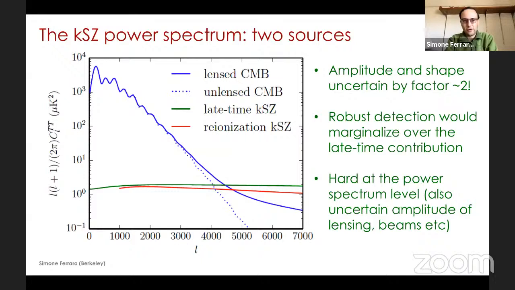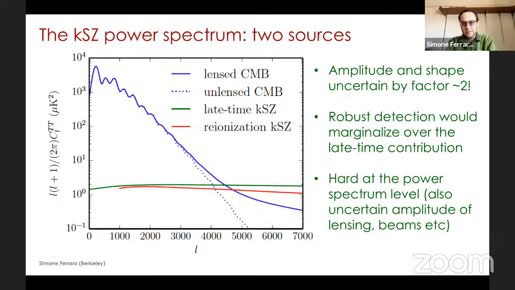As you all know, there's another source of kSZ, which is the one that we detect directly. There are a lot of papers that detect late time kSZ, the one created by galaxies and clusters.